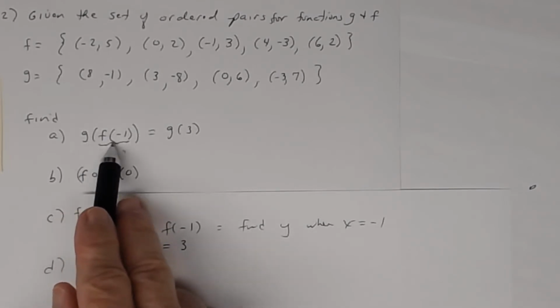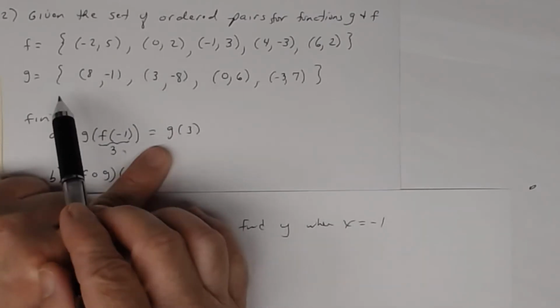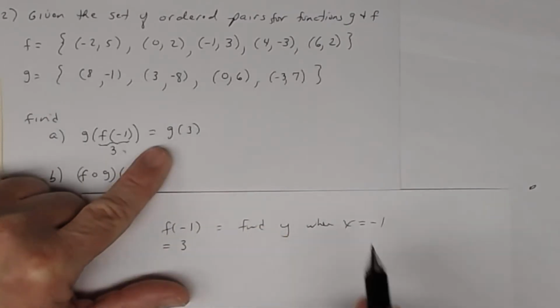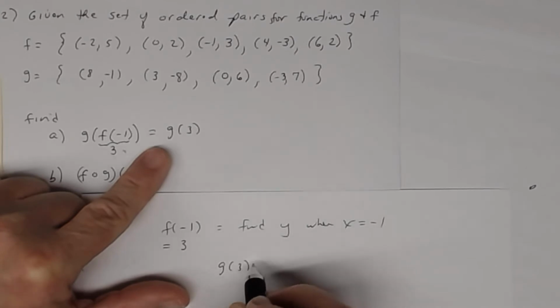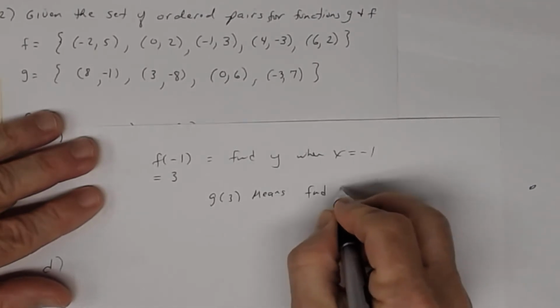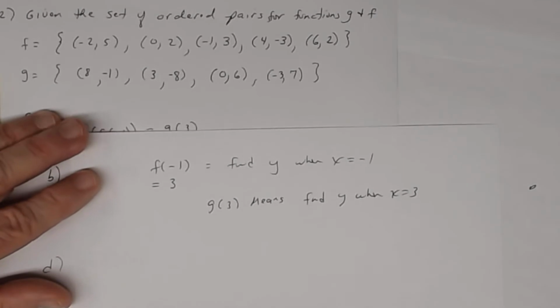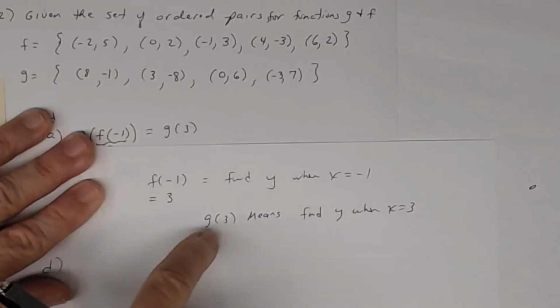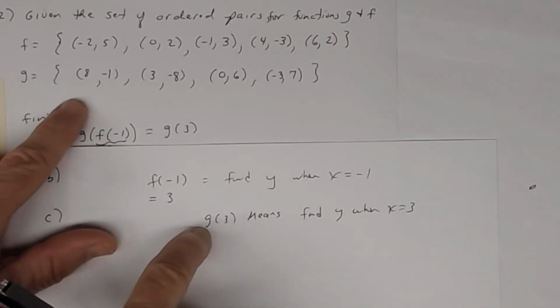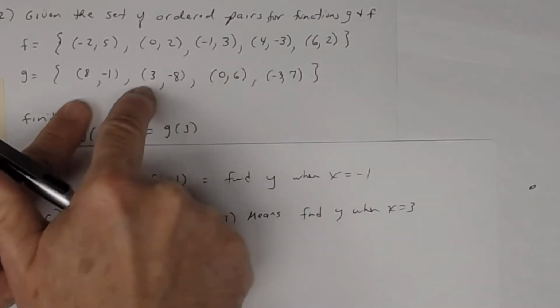Now I've got to find g of 3. Okay, now this time to find g of 3, I use my function g. Now remember g of 3, this means find y when x equals 3. Okay, but I got to use my function g because that's my function that I'm looking at now. So when x is 3, right here, that's the only one where x is 3, right?